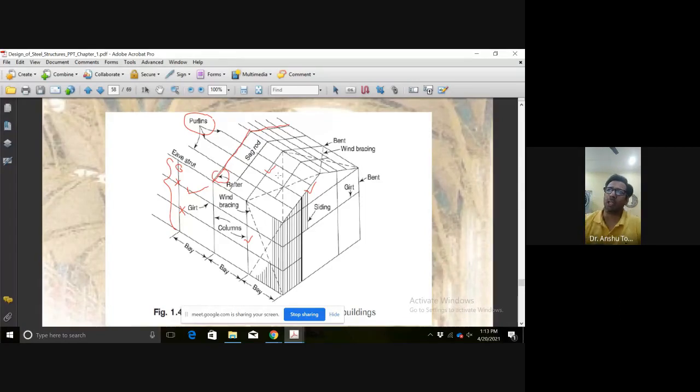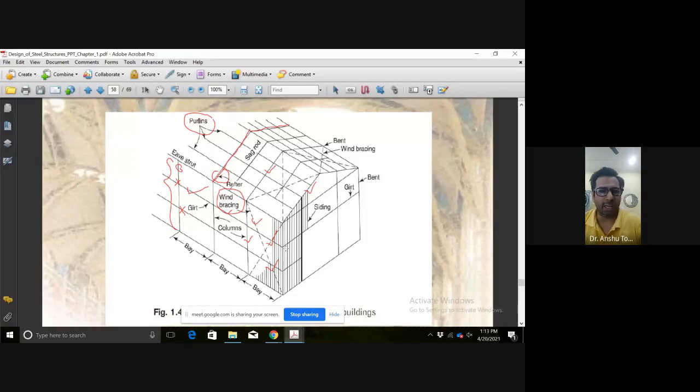So now the cross section, as it has been written, wind bracing. This diagonal bracing has been mentioned as wind bracing. It depends against which type of load you are designing your industrial shed.